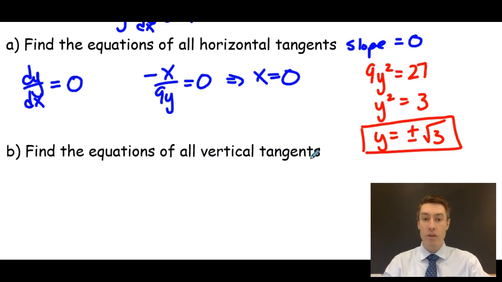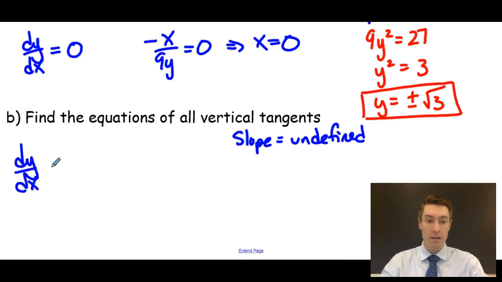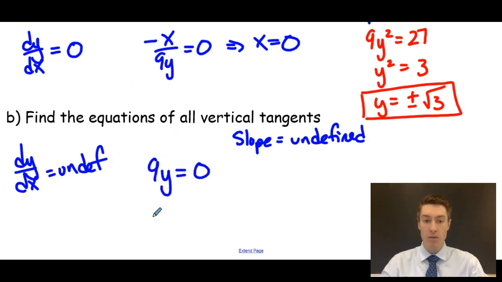Find the equations of all vertical tangents. Okay, so vertical tangent lines, that means the slope is undefined. So we're looking for when dy/dx is undefined. So that'll happen when the denominator is equal to 0. So we're looking for where 9y equals 0. So y equals 0.